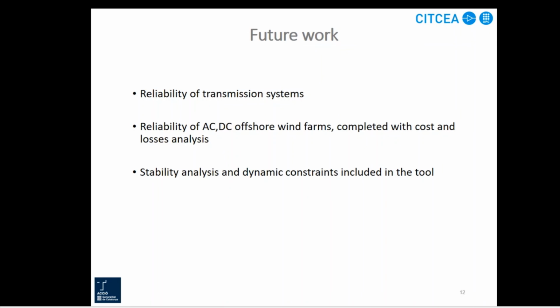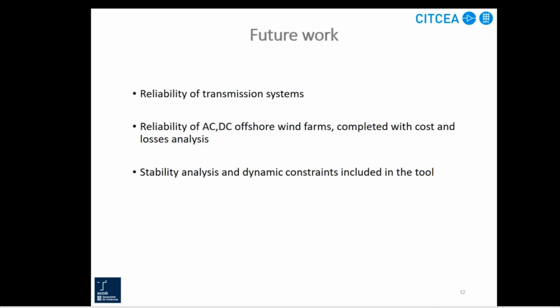So completed with the cost and losses analysis and, of course, reliability included, we will have a complete tool starting from the beginning of the offshore wind farm to the shore. We will have a complete view of all elements, what brings the losses, and which components contribute most in finding the both technically and economically optimal choice.